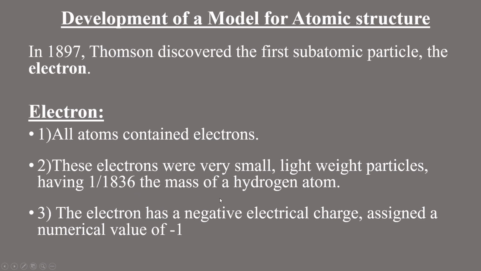Mass of the hydrogen atom is 1, and the electron is 1/1836 of that. You can divide and see how light the electron is. The electron has a negative electrical charge, and the value of 1 electron is -1. If you have 5 electrons in an atom, the charge of 5 electrons will be -5.